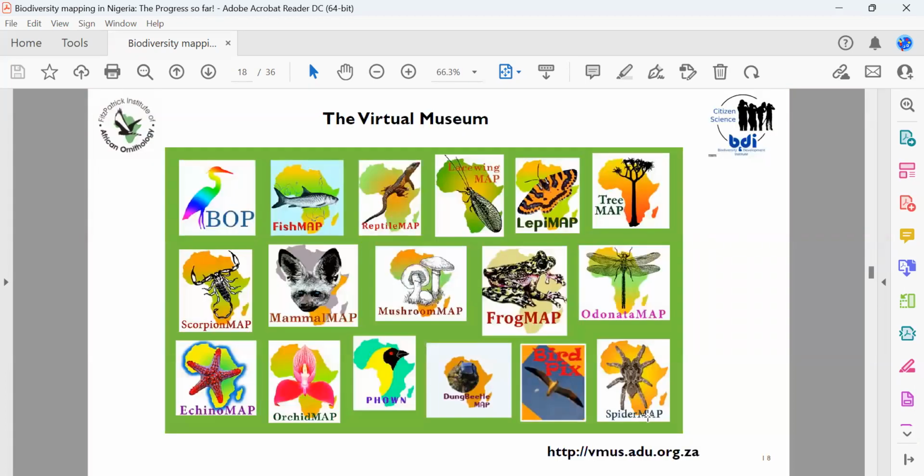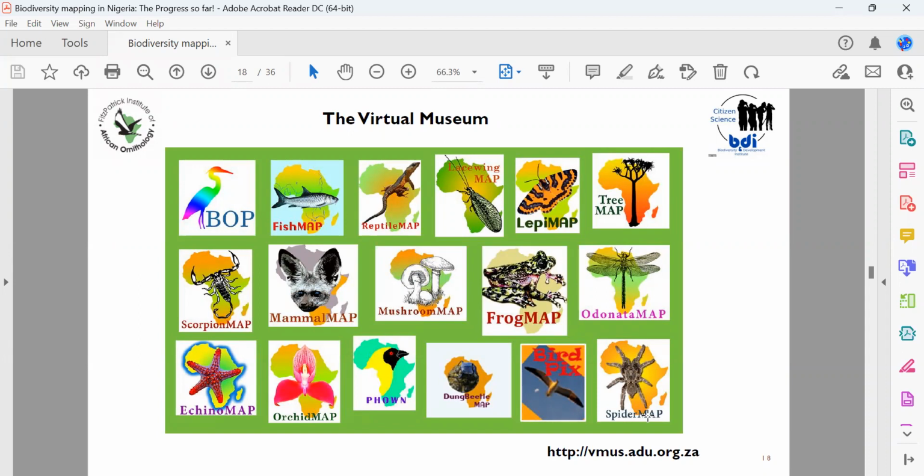So let's look at the Virtual Museum. There are so many projects under the Virtual Museum, just like iNaturalist, which also covers virtually every taxa. This is a project hosted by the Fitzpatrick Institute of African Ornithology in Southern Africa. Most of us are aware of it because of the Bird Atlas and the Nigerian Bird Atlas project we are involved in.